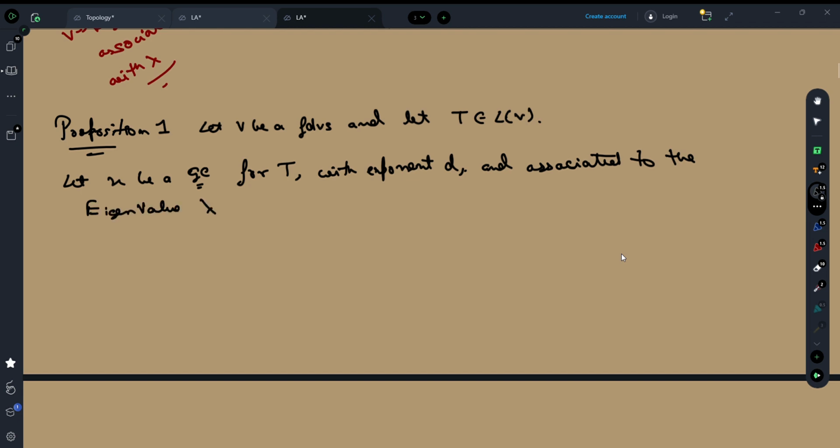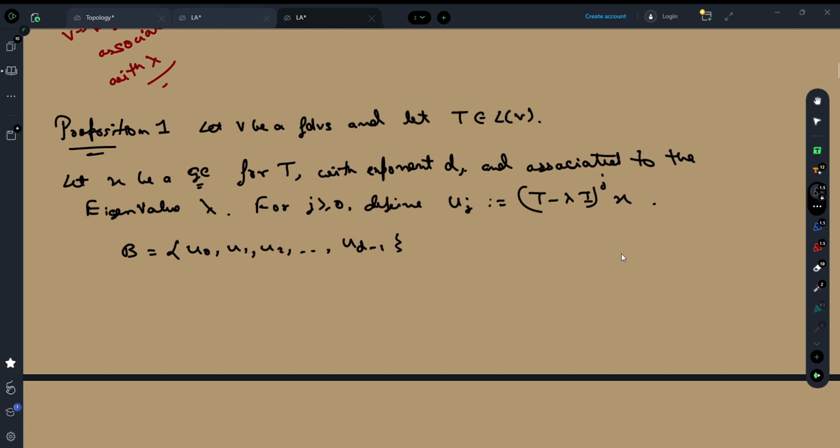Now for j greater than or equal to 0, we define certain vectors uj as (T minus lambda I) to the power j of this generalized eigenvector x. Then obviously ud will become 0, because x has exponent d. We consider a set B which consists of the elements u0, u1, u2 till ud minus 1.